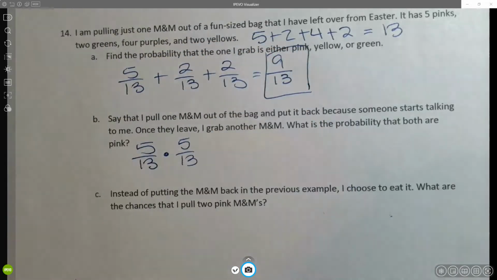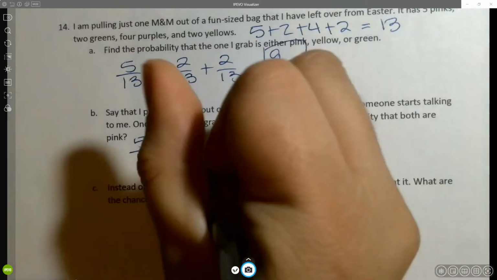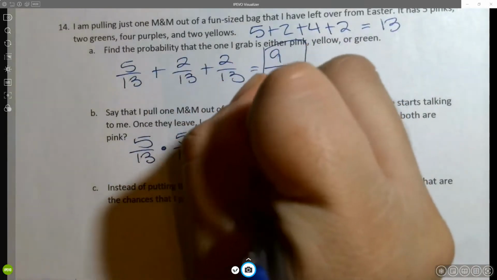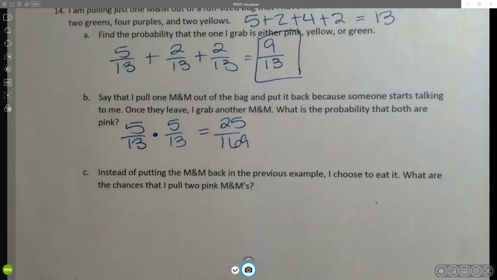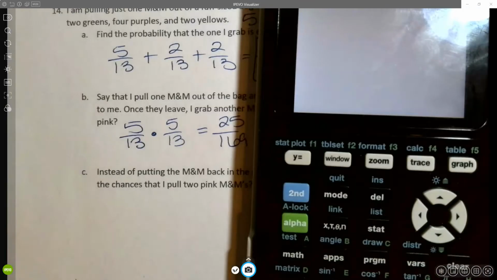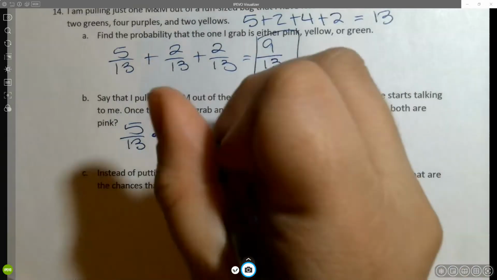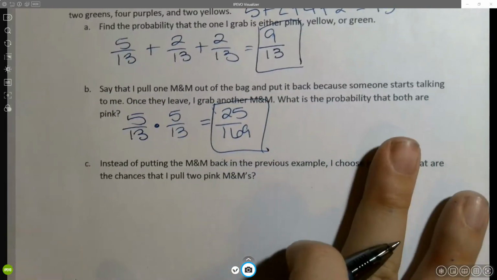So I multiply it by 5 over 13. Then I multiply and I get 25 over 169. This one, I just want to double check to make sure it doesn't simplify. It does not. So this is my final answer.